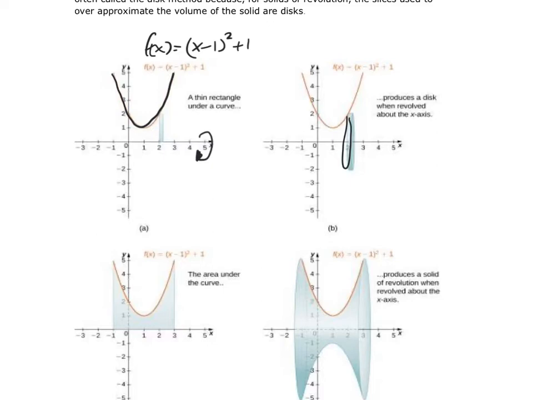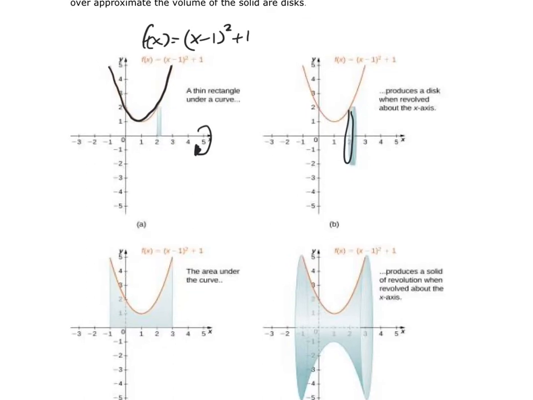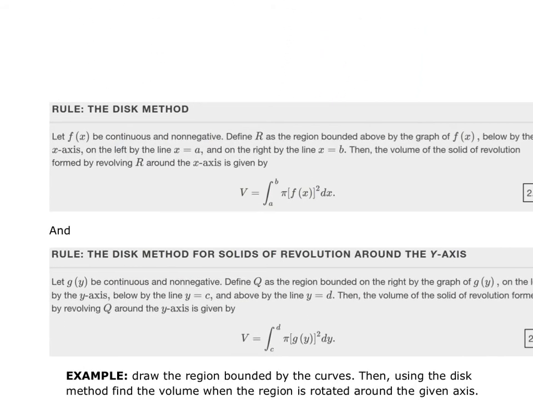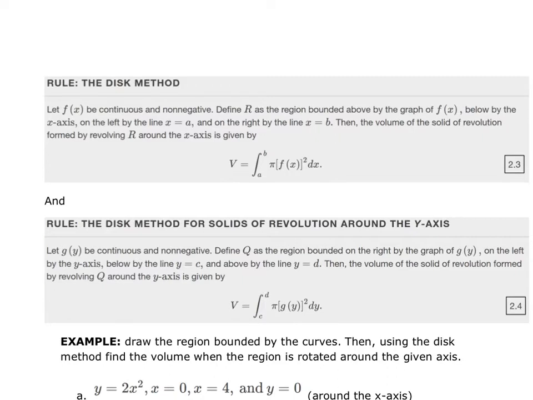Anyways, what we do is we determine which way we're going to revolve: around the x-axis, the y-axis, or a line that is not the x or y-axis. And then we integrate. Because all the cross-sectional areas are circles, we end up multiplying our cross-sectional area by pi.